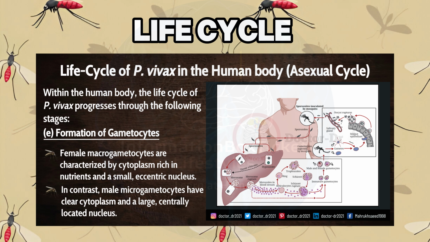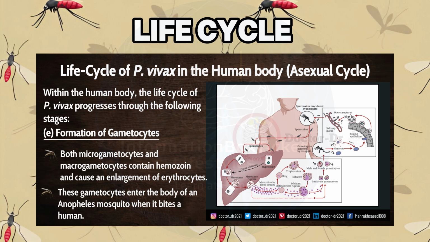In contrast, male microgametocytes have clear cytoplasm and a large, centrally located nucleus. Both contain hemozoin and cause an enlargement of erythrocytes. These gametocytes enter the body of an Anopheles mosquito when it bites a human.